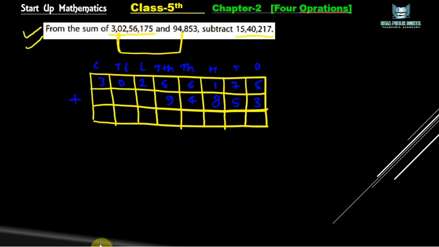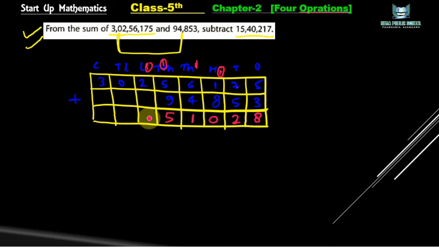5 plus 3 is equal to 8. 7 plus 5 is equal to 12 and carry 1. 8 plus 1 is equal to 9 plus 1 carry is equal to 10 and carry 1. 6 plus 4, 10 plus 1 carry is equal to 11 and carry 1. 9 plus 5 is 14, 14 plus 1 carry is equal to 15 and carry 1. 2 plus 1 is equal to 3.